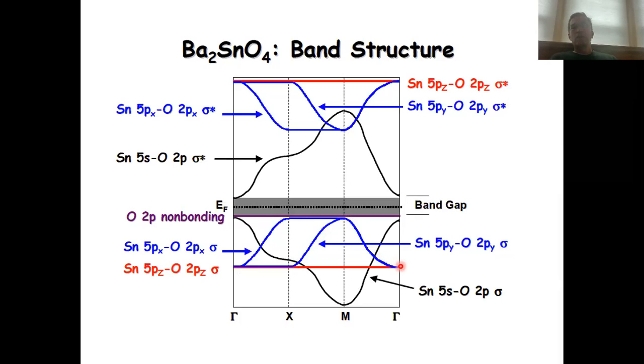Now what about the band which has primarily tin character? We start out with the completely interbonding situation here. And that interbonding situation doesn't change as we go from lambda to chi.